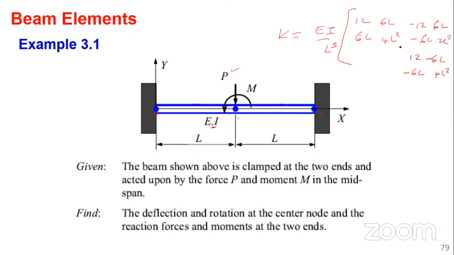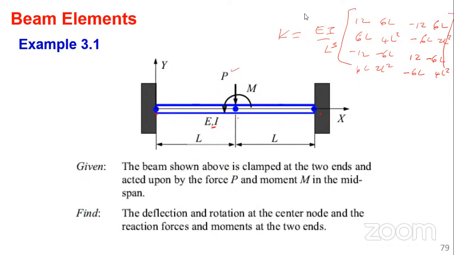Then I take this one here and change the sign of the negatives in the row. This should be minus 12, minus 6L, 6L, 2L squared. So that will be the stiffness matrix for whatever element that you have.